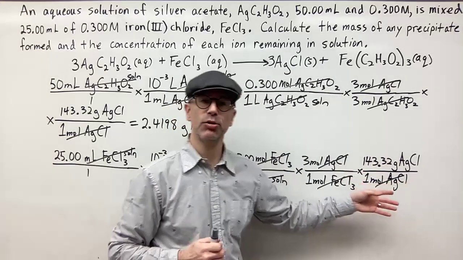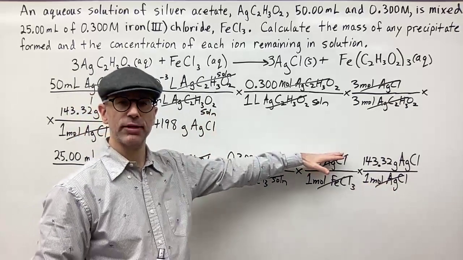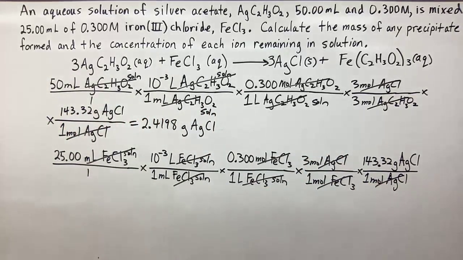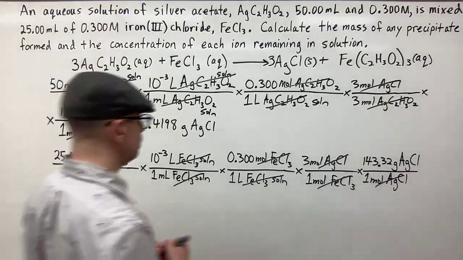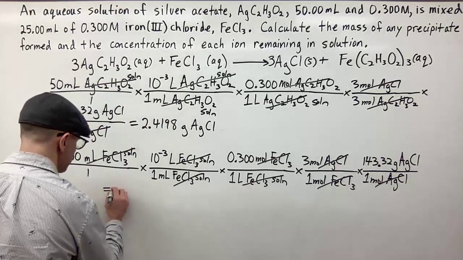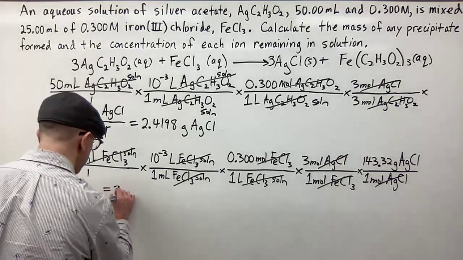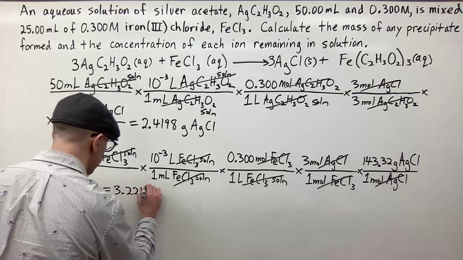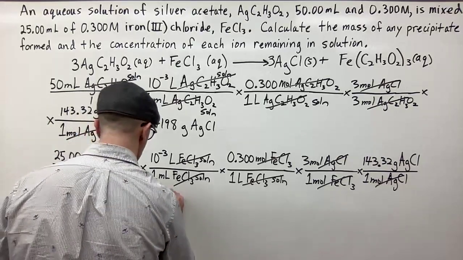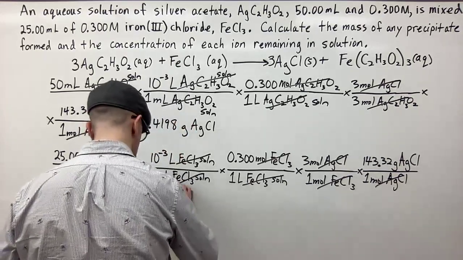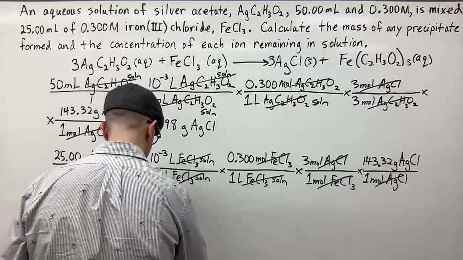So now all I need to do is, again, multiply by everything on the top, divide by everything on the bottom. And when I do that, I get an answer of 3.2247. So 3.2247 grams of the, not iron, silver chloride.